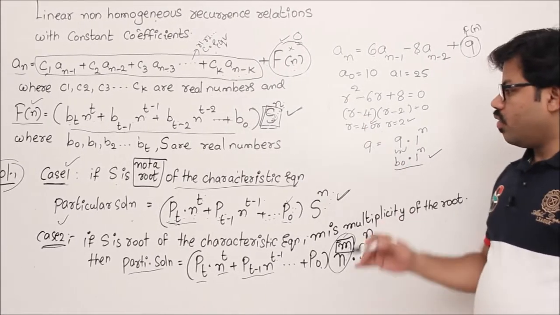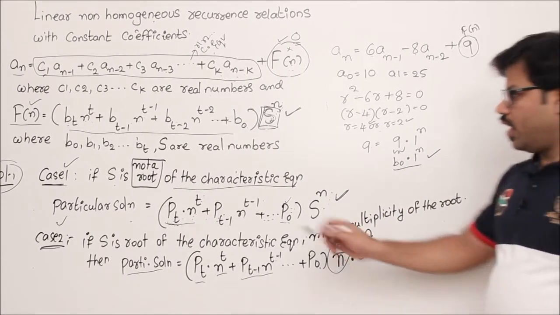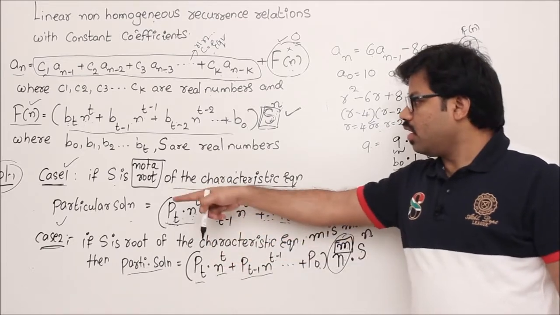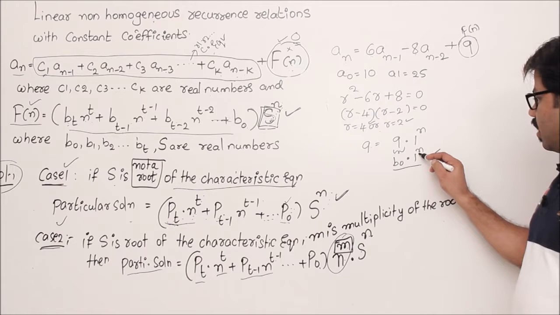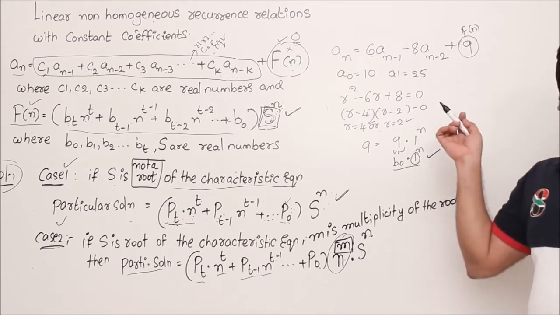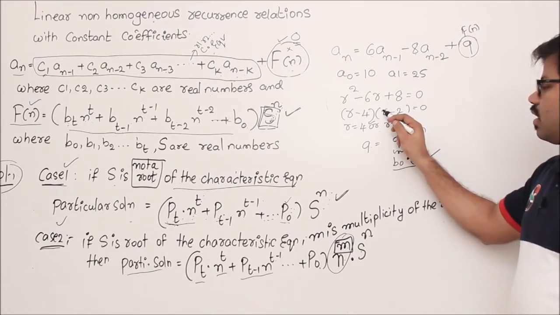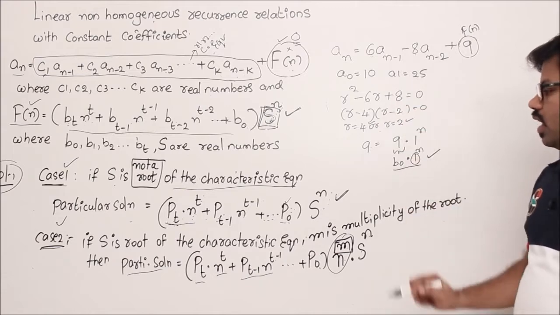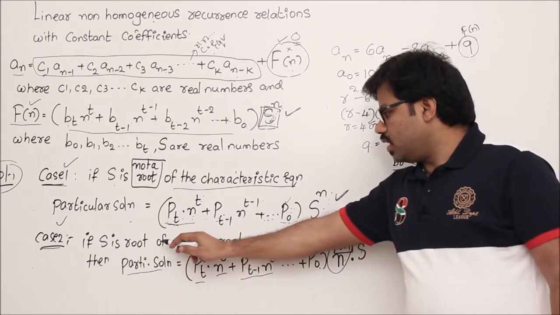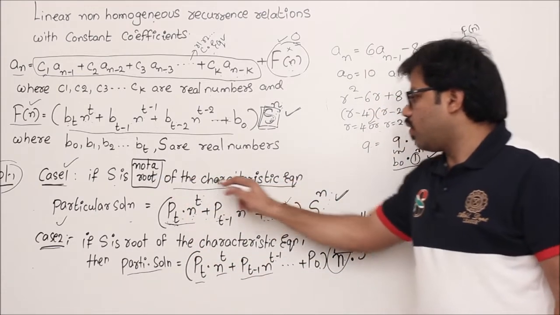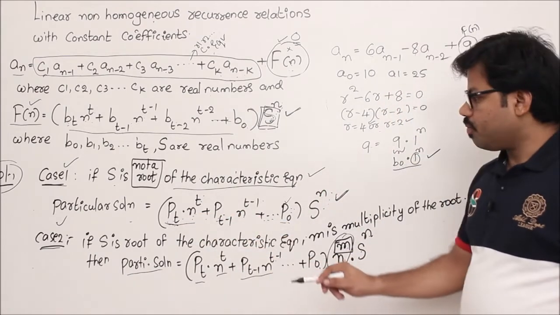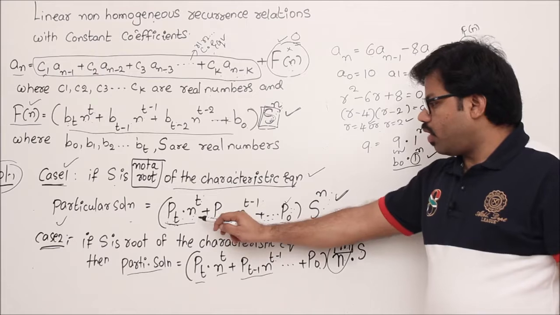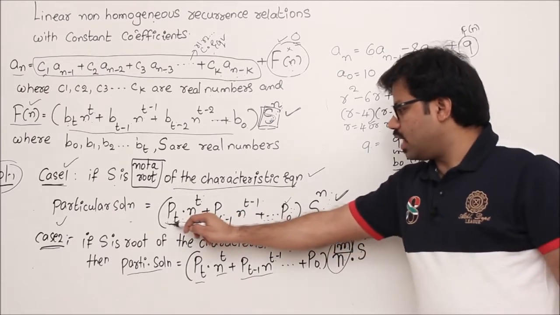For that, what is the particular solution? If you read, there are two cases. Case number 1: if s is not a root of the characteristic equation. What is s here? 1, correct? Is 1 a root of the characteristic equation? No. So it is case number 1. Then the particular solution is directly pt into n power t plus so on. These are not significant for us.